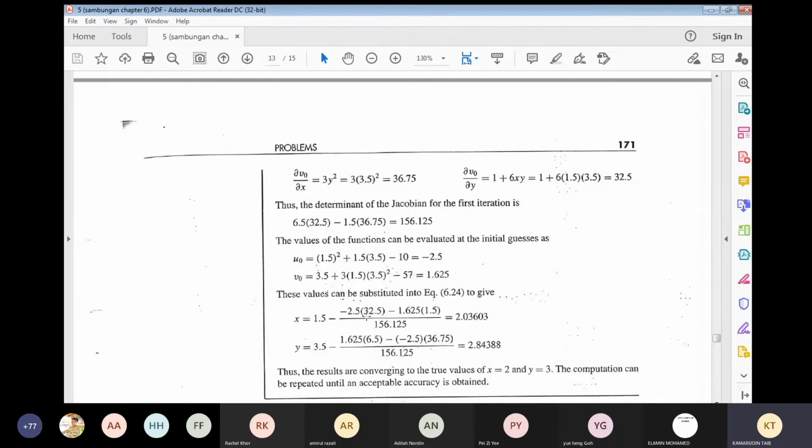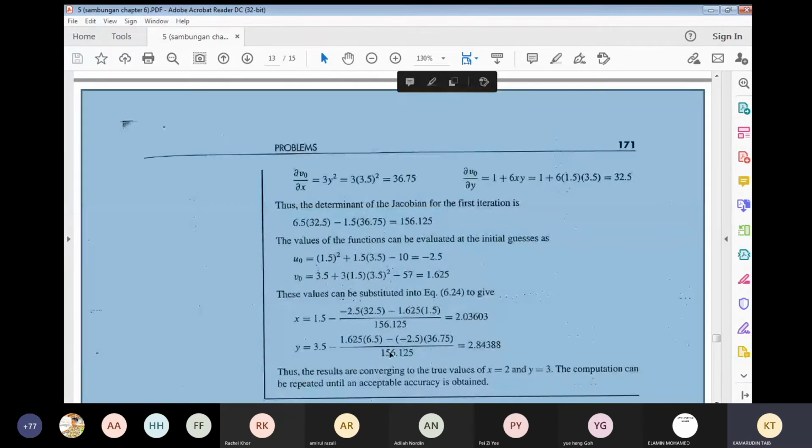And then divide by the Jacobian for the first iteration, which is 156.125 down here, as well as for y.